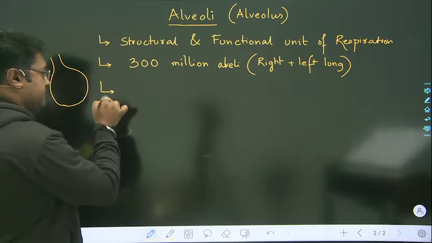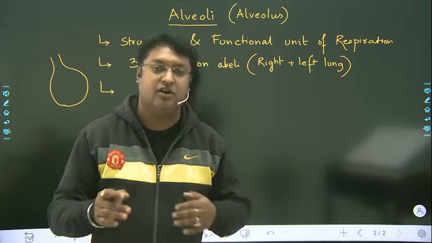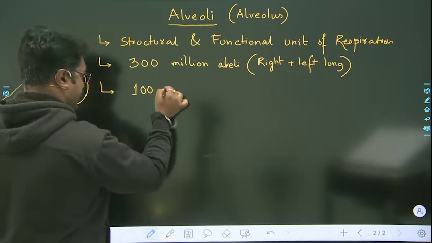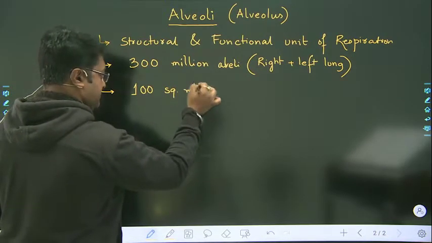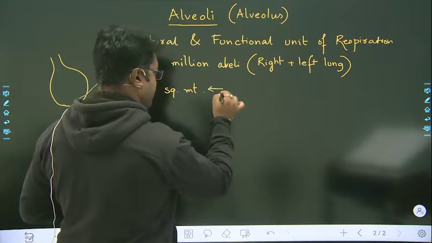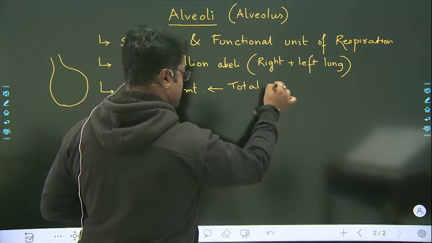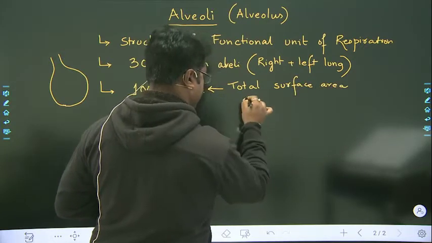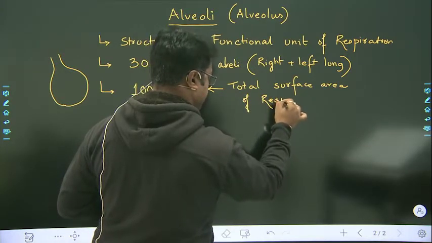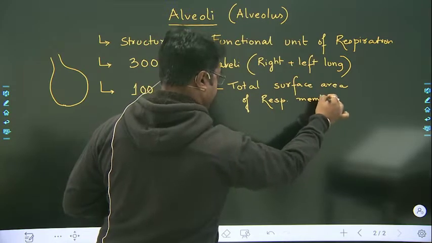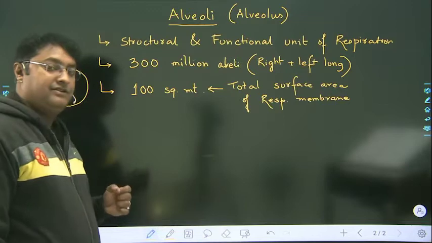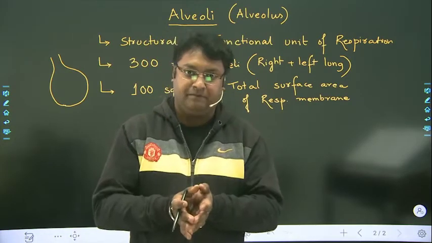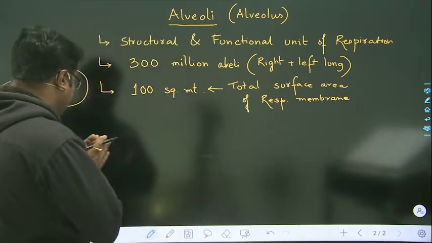And the total cross section, the total surface where the diffusion of the gases will be taking place, the total surface area of the respiratory membrane, comes out to be around 100 square meters. Clear?